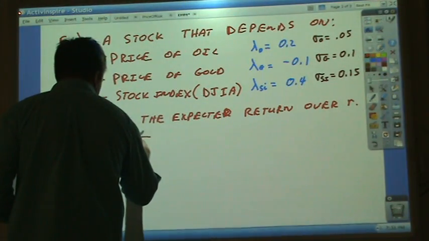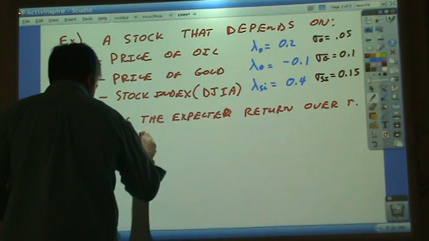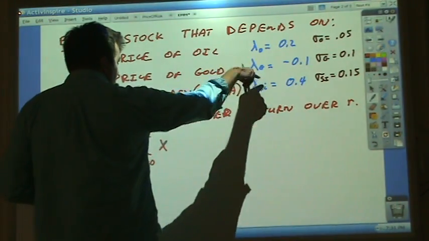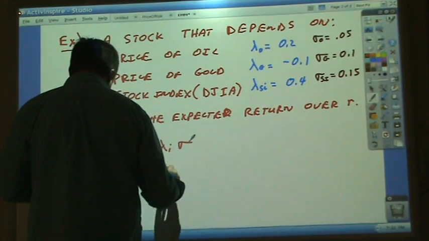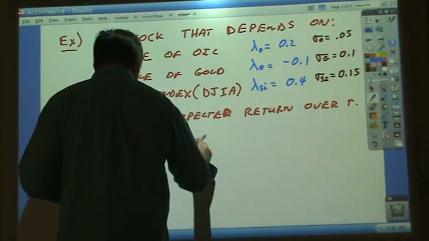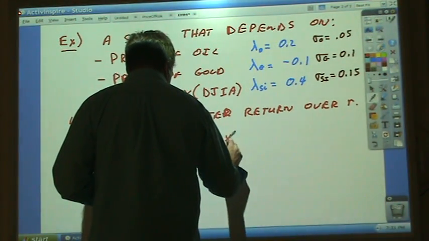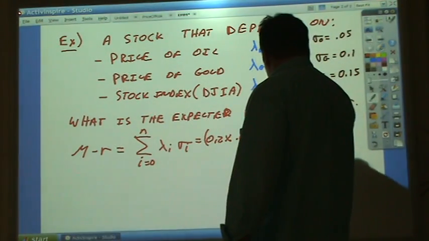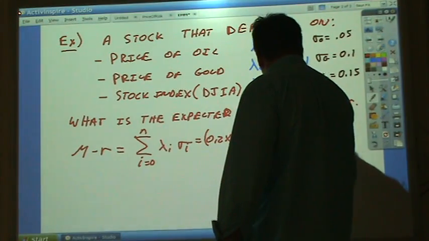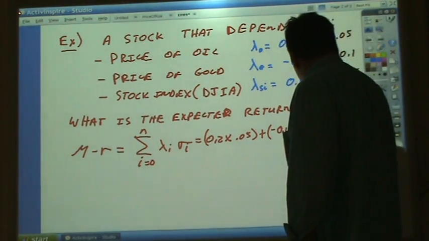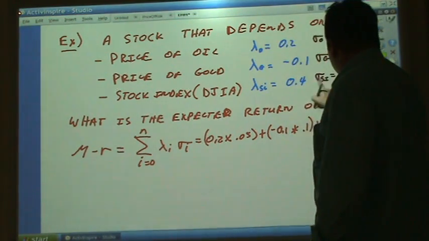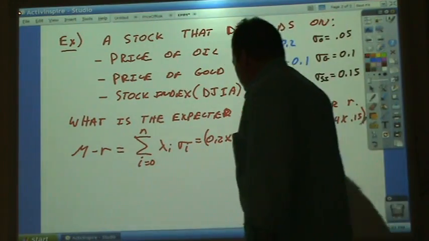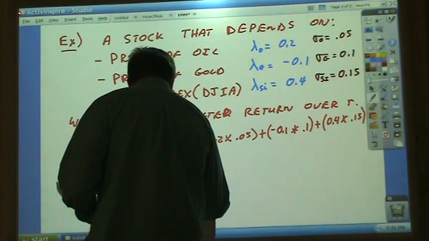And we said before, the mu minus R is the sum from 0 to n of the market price of risk of each investment times the sigma of each investment, which equals 0.2 times 0.05 plus negative 0.1 times 0.1 plus 0.4 times 0.15. And this all equals 0.06.